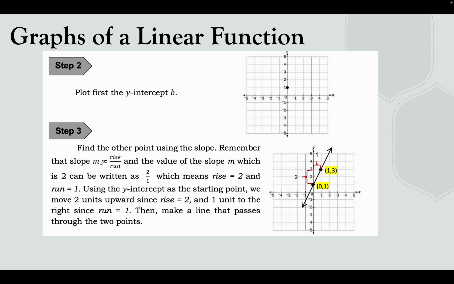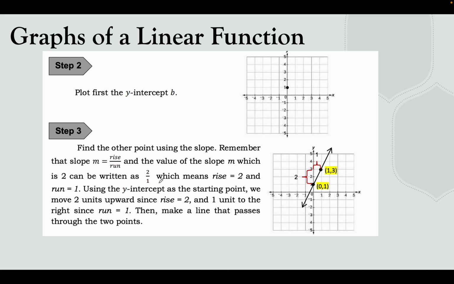Now next, step number 3, to find the other point using the slope, we need to remember that slope m is equals to rise over run, right? Which means that your slope is 2, so it can be written as 2 over 1. So that means your rise is 2, your run is 1. If you have a positive value of your rise, you need to move upward.